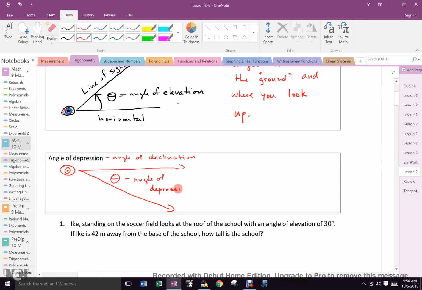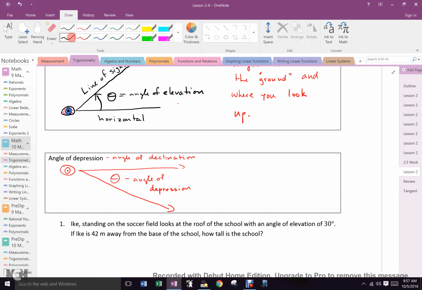Now, many of you should be looking at that and saying, I don't understand how that's a problem, Mr. Myers. I get it. When you look up, it's in between. When you look down, it's in between. It's pretty simple, isn't it? Right?